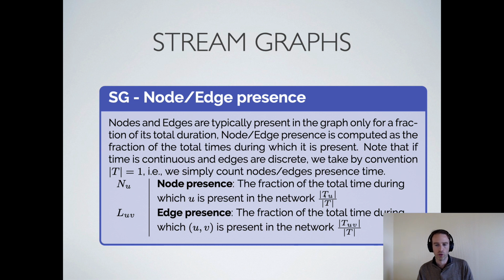And same thing for nodes. We count how long they are active in the graph, and divide by the total duration of the graph. And we get the fraction during which they are present, so a node presence. Typically this value is between 0 and 1. 1 means that the node or edge is present all the time.